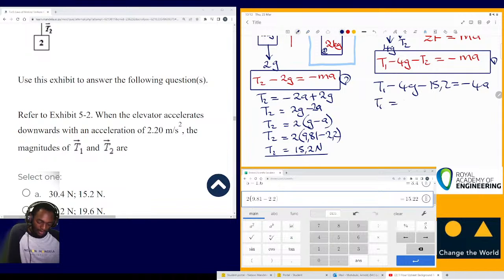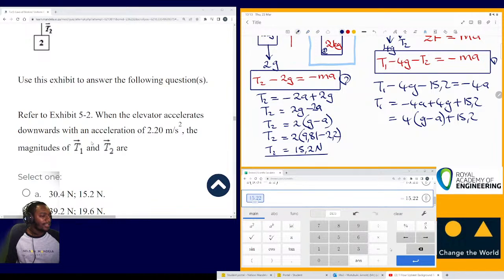So T1 will now be equal to negative 4a plus 4g plus 15.2, and factoring out 4 becomes 4 times (g minus a) plus 15.2. So we can just say our answer is 4 times (9.81 minus 2.2) plus 15.2. We get 45.66.